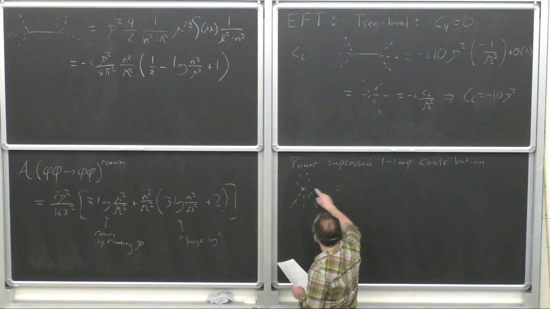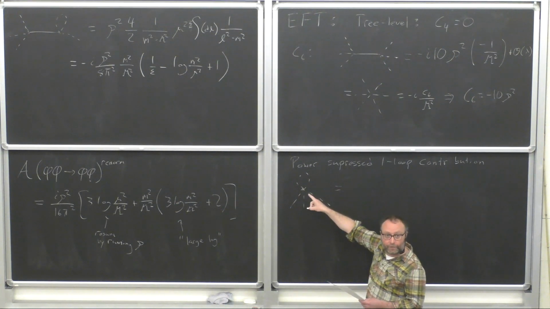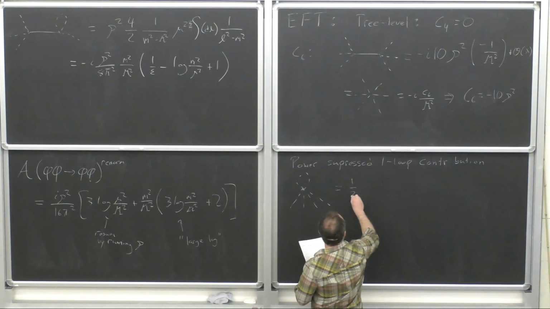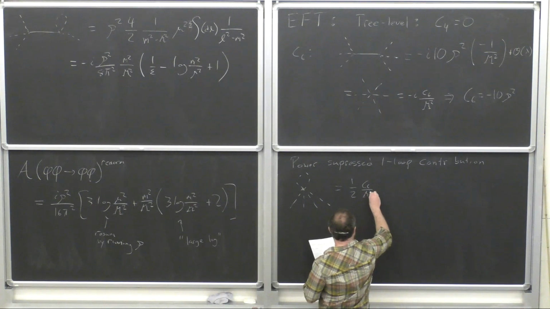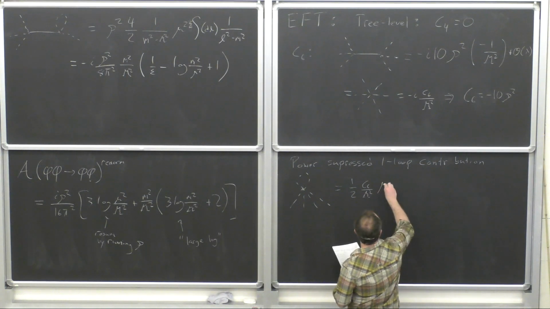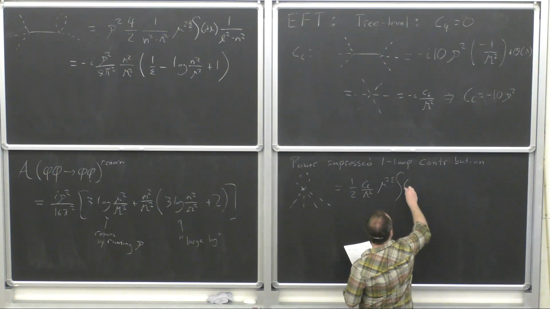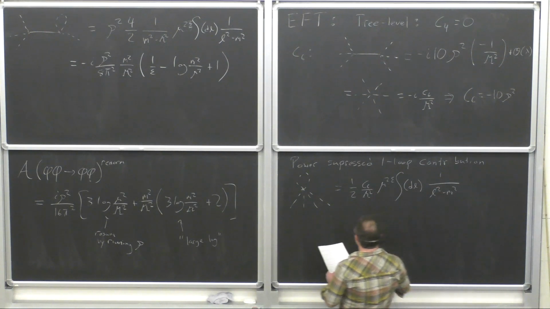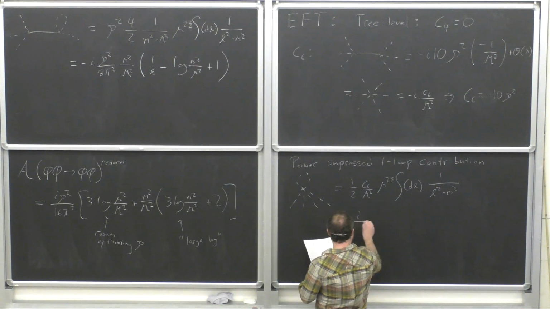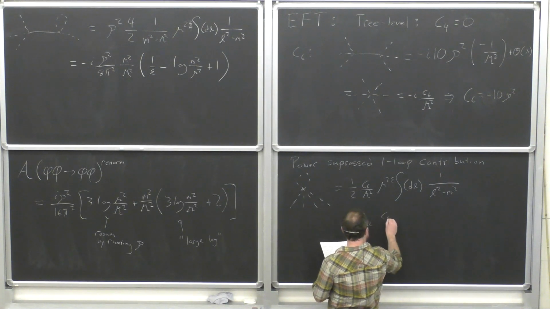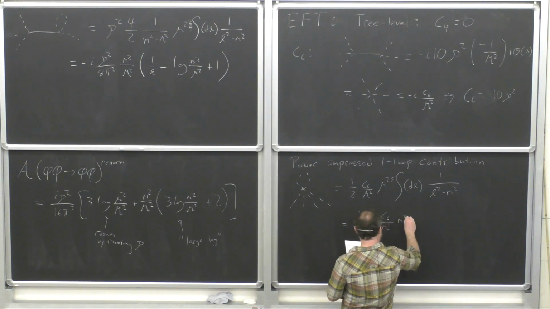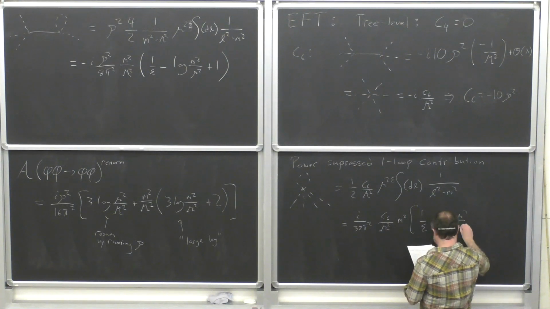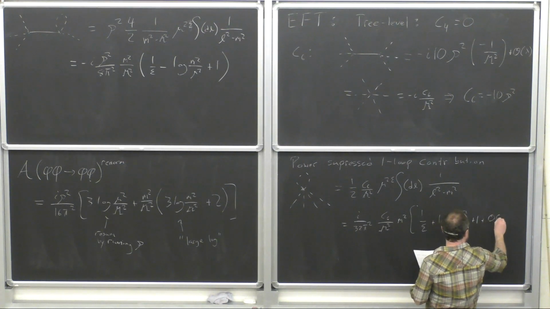And this loop gets a symmetry factor of 1/2, like it did up there. And so I have 1/2 C6 over M squared, and then mu to the 2 epsilon integral d^d l 1 over l squared minus m squared. And that evaluates to i over 32 pi squared C6 over M squared, little m squared times 1 over epsilon plus log mu squared over m squared plus 1 plus order epsilon.